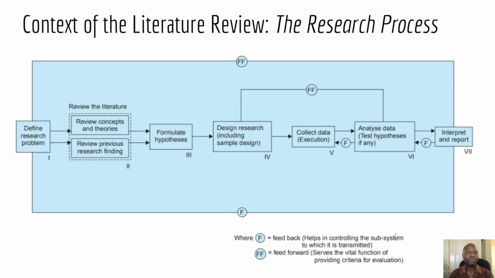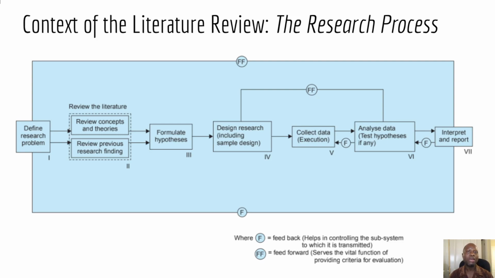Right, let's start by looking at the context of the literature review. Literature review is part of the craft of research, part of the research process that you follow. And the research process usually starts from defining a research problem. After that, when you have your problem, you need to review the literature.